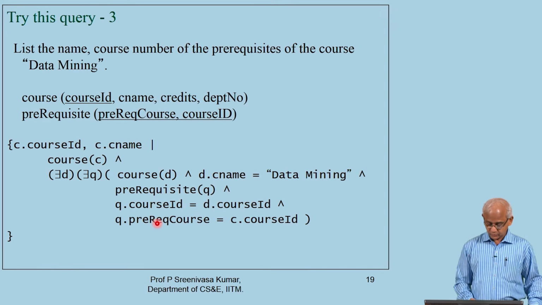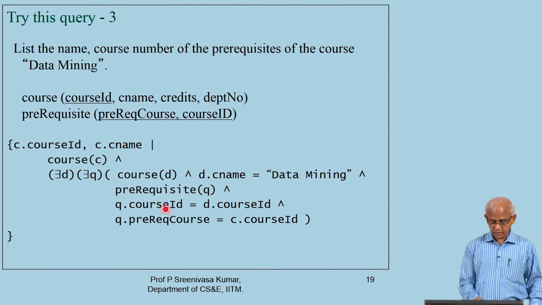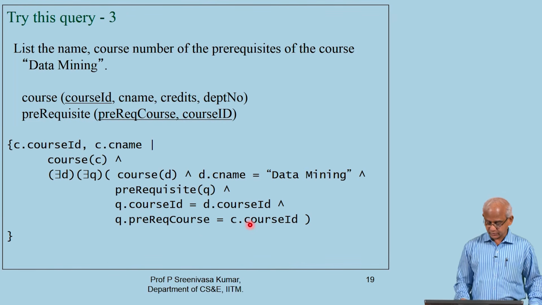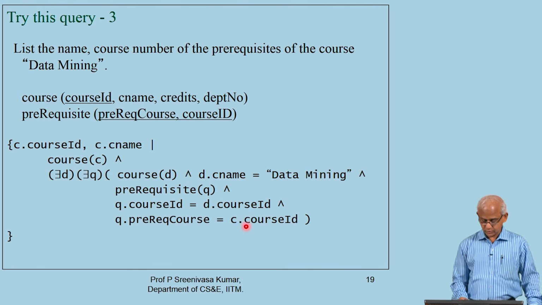And then we are checking whether the outer course that we are considering is indeed a prerequisite of this particular course. So, this prerequisite tuple Q corresponds to the data mining course, and we check whether Q dot prerequisite course is equal to the course under consideration right now, that is what we are looking for.